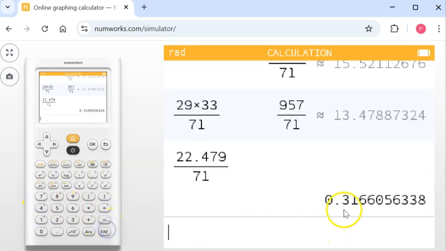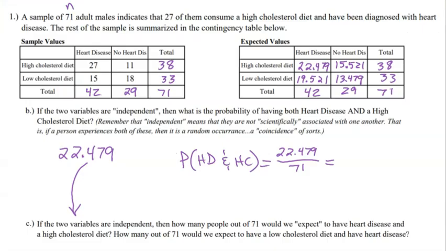And so it's going to be 0.3166. Let's say 0.317. Okay. Actually, we'll stick with 0.3166.